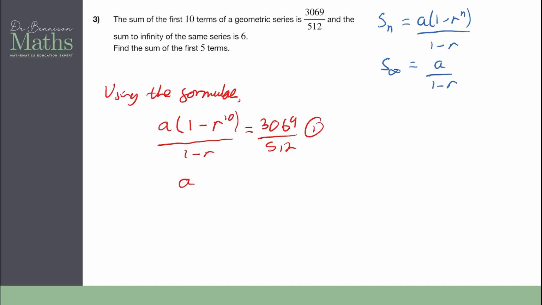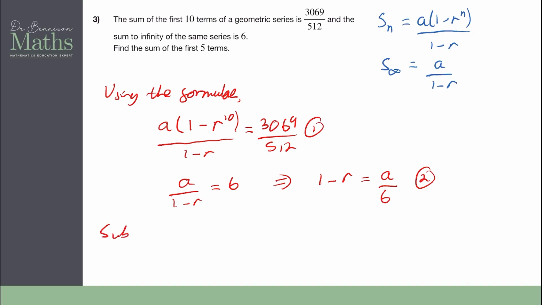And then we've also got a over 1 minus r is equal to 6. And from that we can rearrange to say that 1 minus r is equal to a over 6, and that's equation 2.